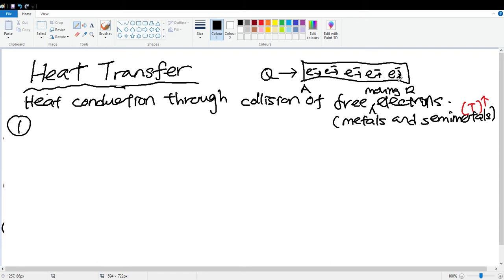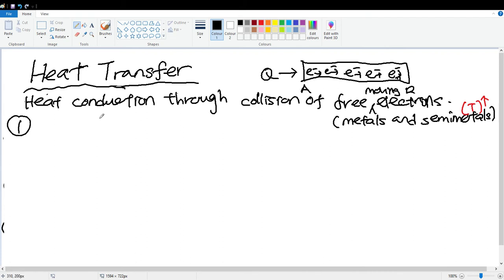When heat is supplied to these electrons, the kinetic energy of the electrons will increase. The increase in kinetic energy causes the speed of these electrons to increase.